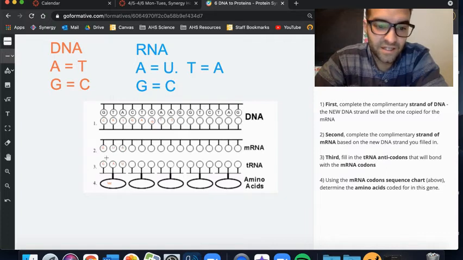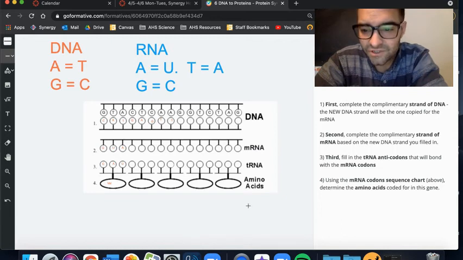This is going to be the anticodon. And just a reminder, this is the codon. When you look at the codon sequence chart, this is the three that you need to look at, but the anticodon needs to bond to it. So the opposite in RNA of A would be U. There's an example of how that works.